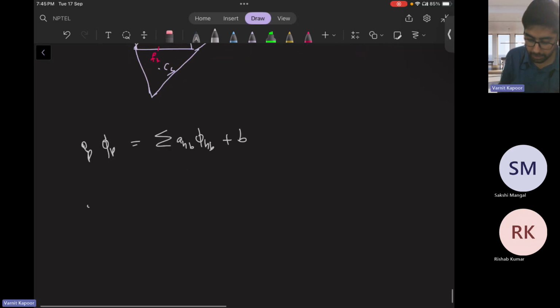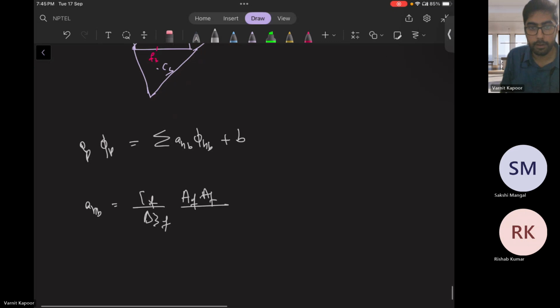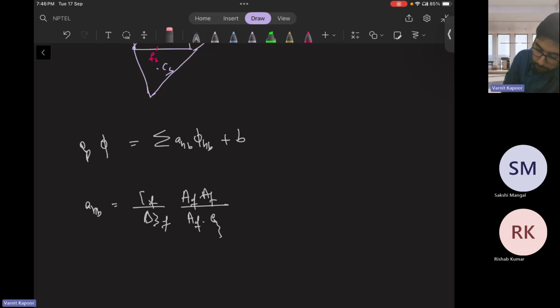Where A and B is nothing but gamma F, AF dot AF, AF dot E theta. All right. So this phi P, if we say it is nothing but for cell C naught, so AP phi naught.